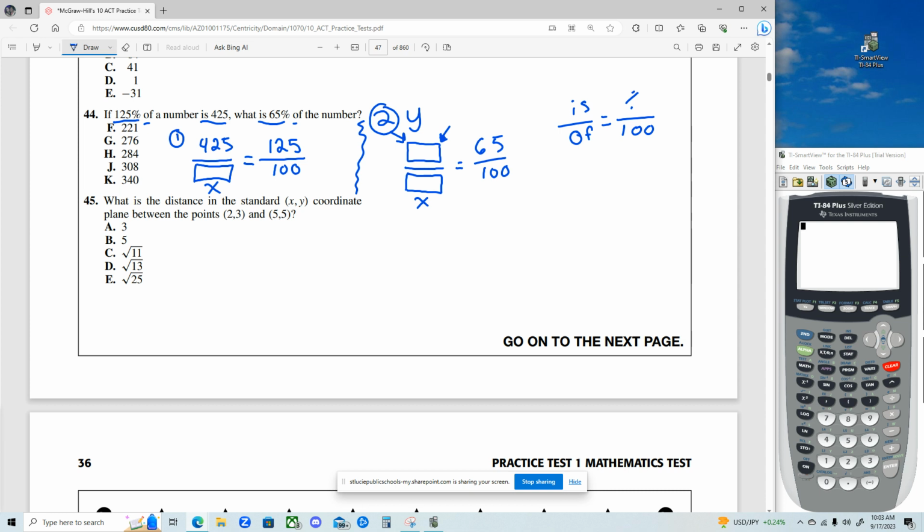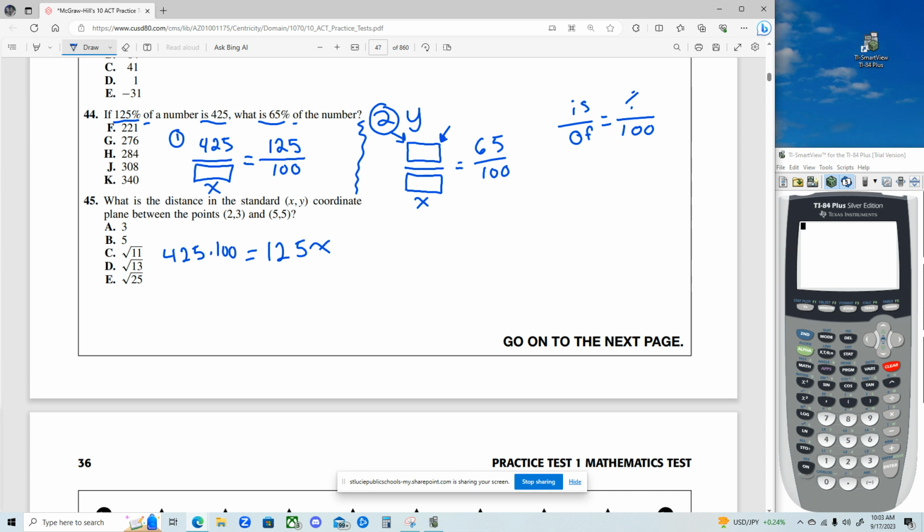So I can just cross multiply and then divide. 125x equals 425 times 100.